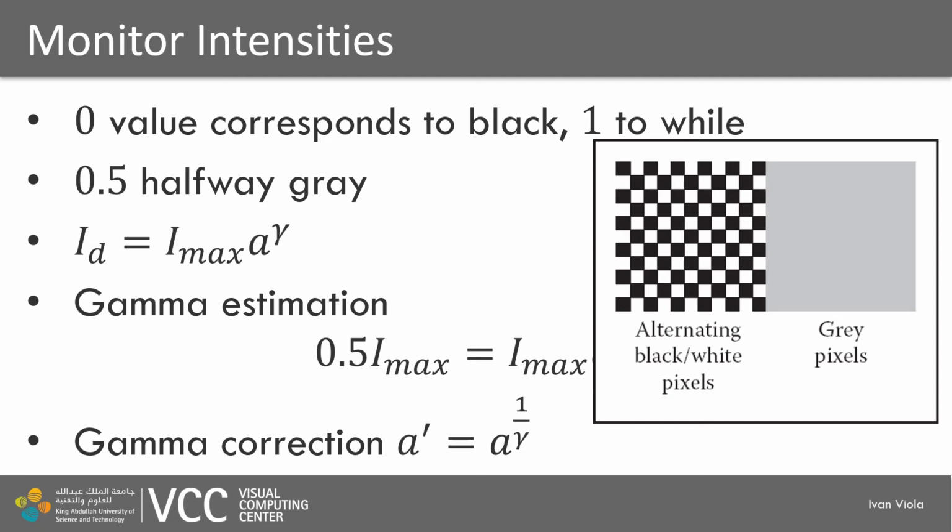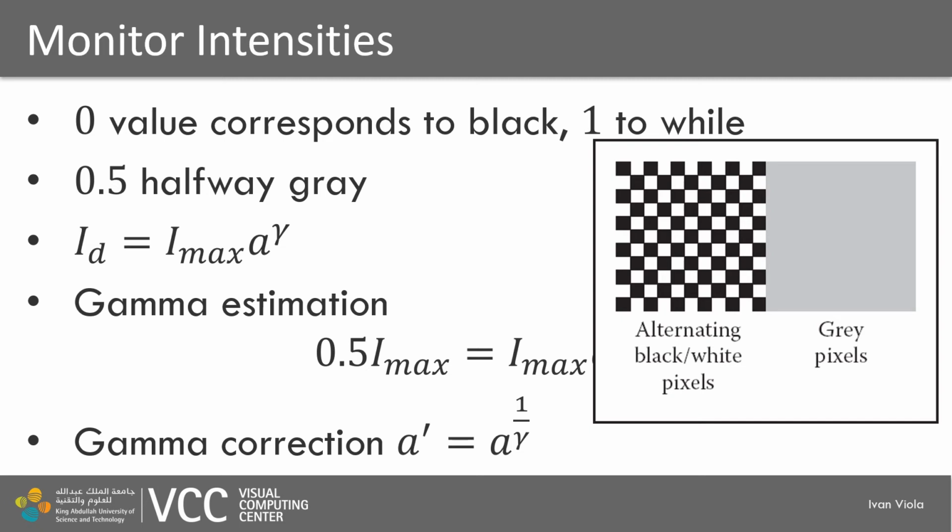How can we calibrate a display in order to obtain a 50% shade of gray? This can be done by the following setup. Imagine that we are creating an array of pixels which will be alternating between black and white in both horizontal and vertical direction. So we will have a checkerboard pattern.